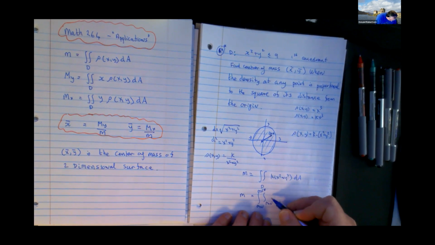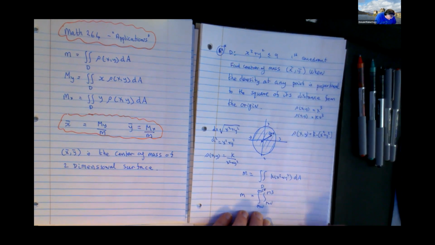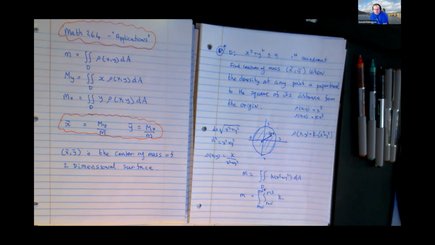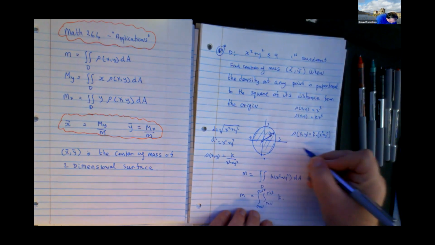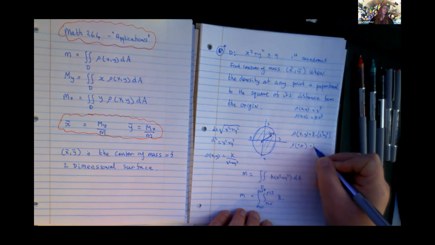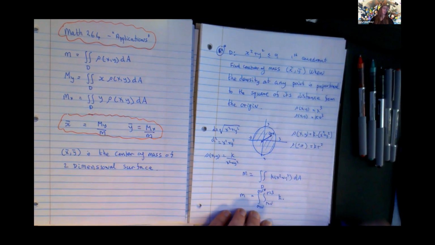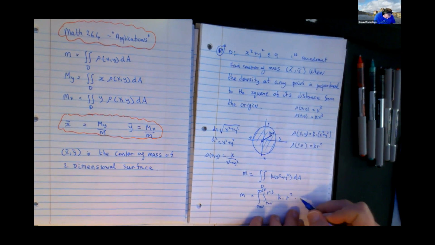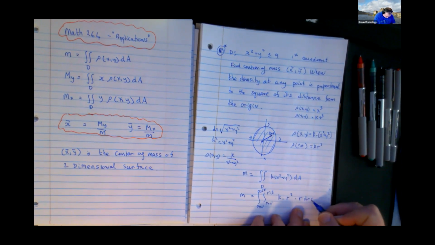r equals 0 to r equals 3, that's good. k times, what will x squared plus y squared look like if you do it in polar form? That would just be r squared, so k times r squared, and then times r dr d theta.